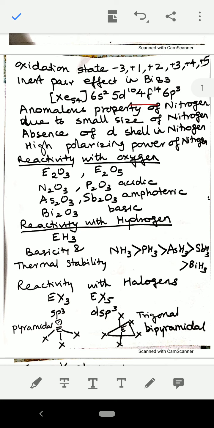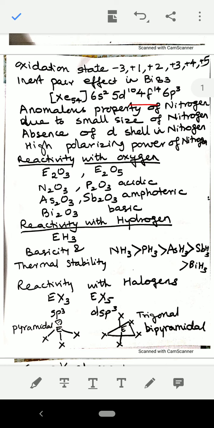Reactivity with hydrogen: they generally form EH3. Basicity and thermal stability are in this order: NH3 is more basic and highly thermally stable than PH3, AsH3, SbH3 and bismuth hydride.